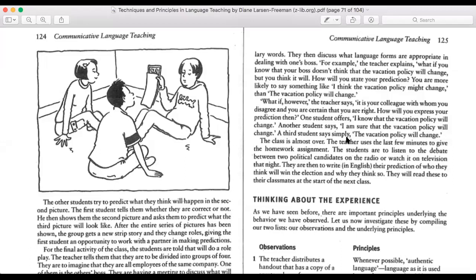So the aims and objectives are also different, but what I'm trying to tell you is CLT is used in language classrooms to make the learners functional in the society.